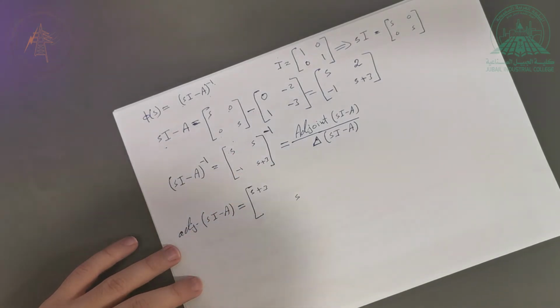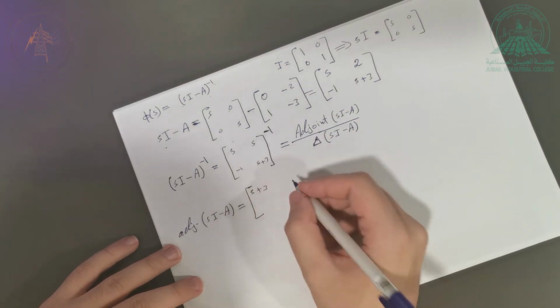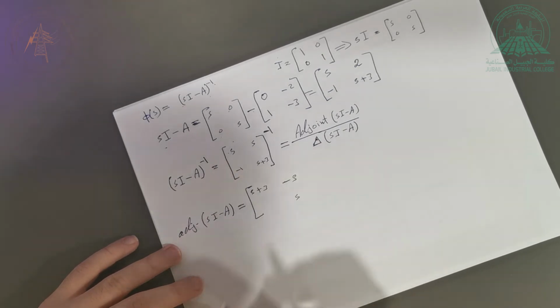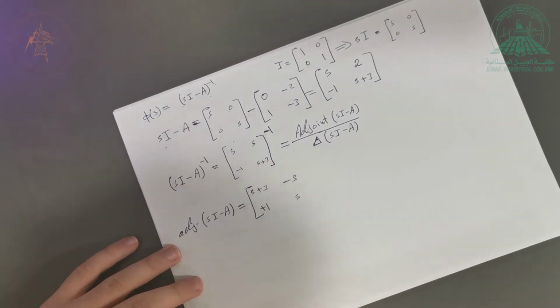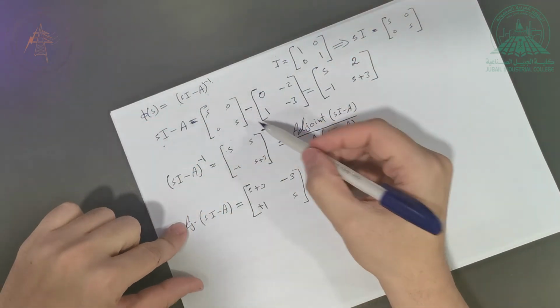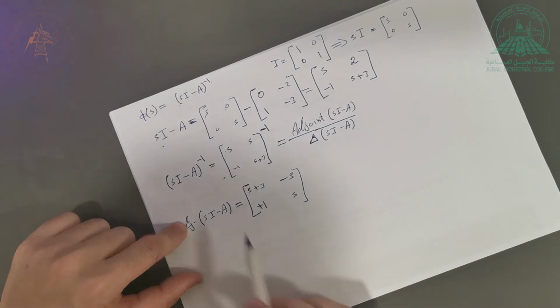I swapped them. For the secondary diagonal, I flip the signs. So here this becomes minus 2, and this minus 1 becomes plus 1. Here you switch the elements, here you switch the signs. This is the adjoint.